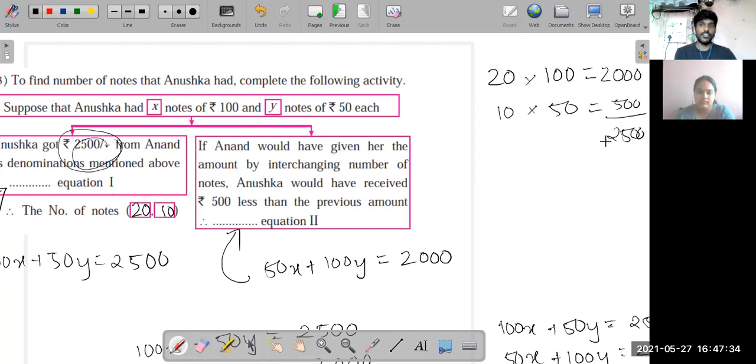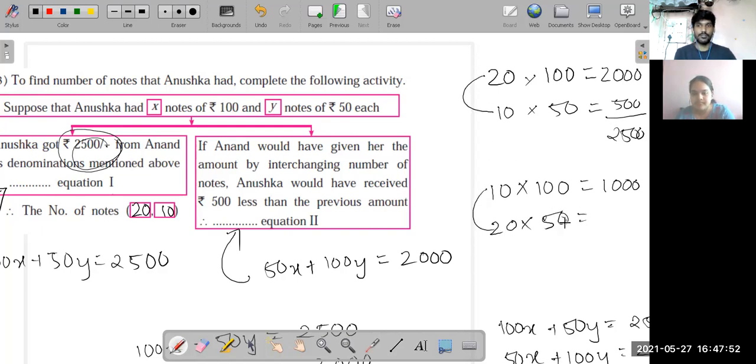And now when it is interchanged, you can check that also. That means 10 notes of 100 rupees. How much money here? 1000. And 20 notes of 50 rupees. This is just interchange.